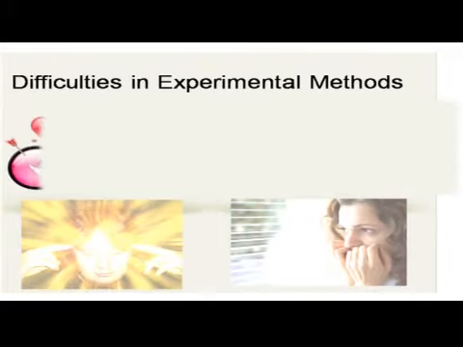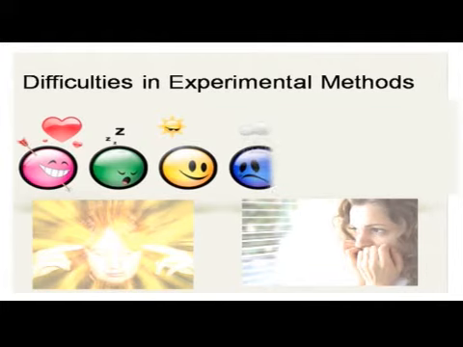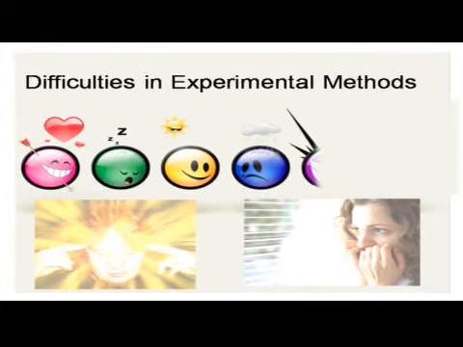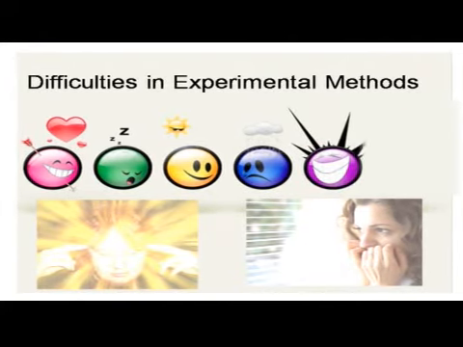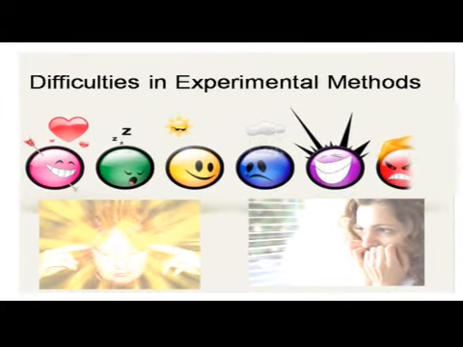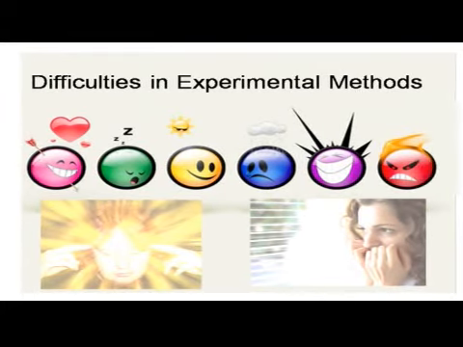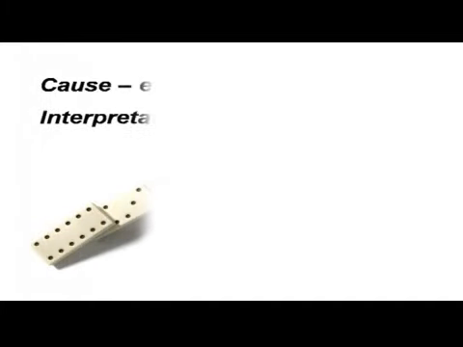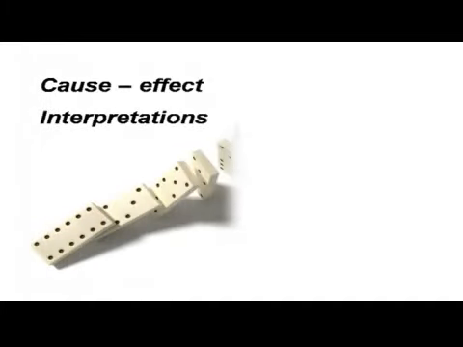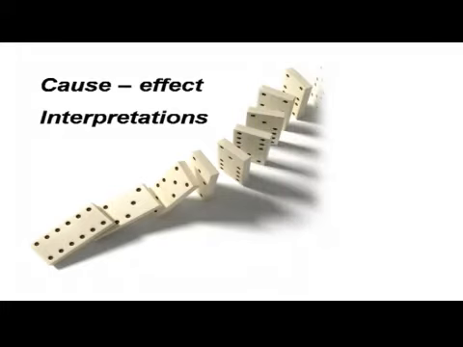Next limitation is difficulties in experimental methods. Human beings cannot be subjected to laboratory setup as materials in physical sciences. As man has emotions and moods, high variations in the results do happen in social research. Lastly, the cause effect interpretations. It is very difficult to determine the cause and effect in social events.